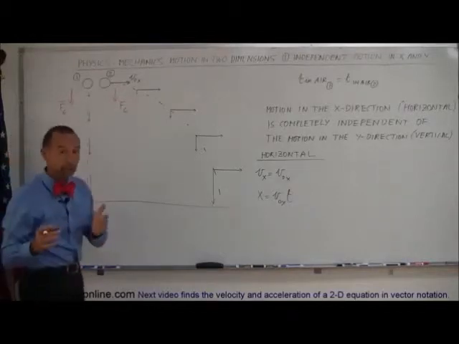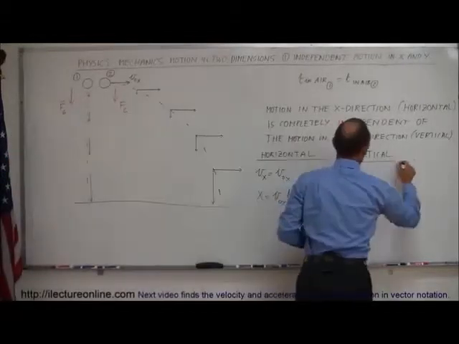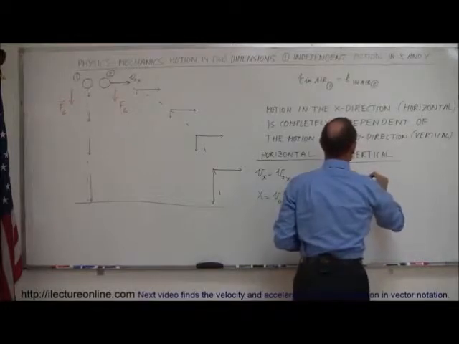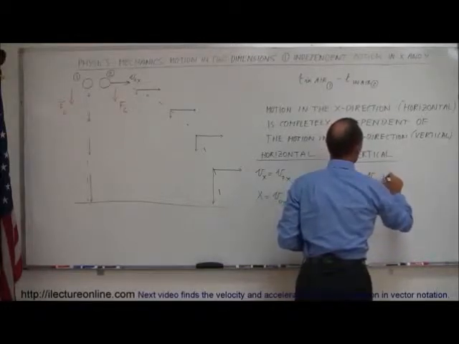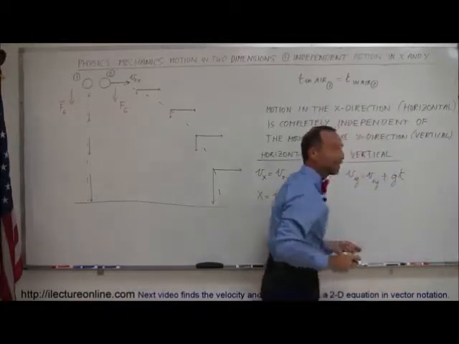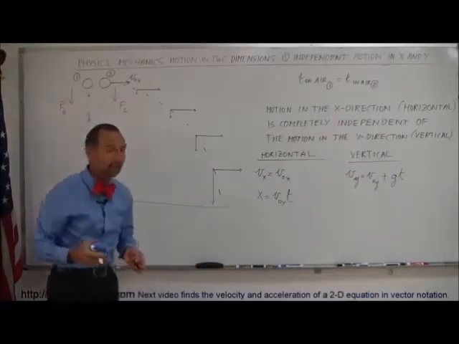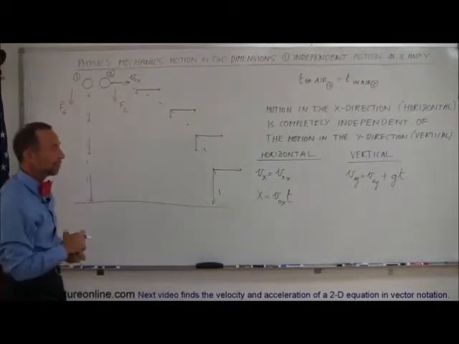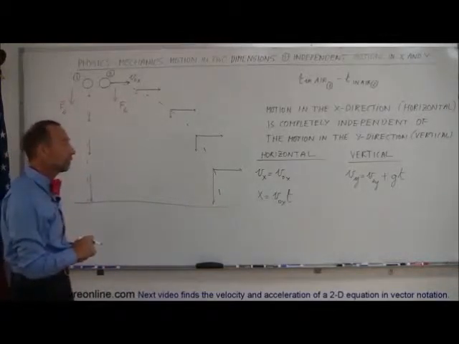On the vertical motion, the velocity in the y direction is equal to the initial velocity in the y direction plus the acceleration times time. In this case, the acceleration for a projectile will be, of course, the acceleration due to gravity, and that's a minus 9.8 meters per second squared.